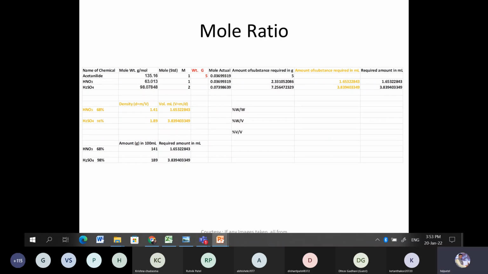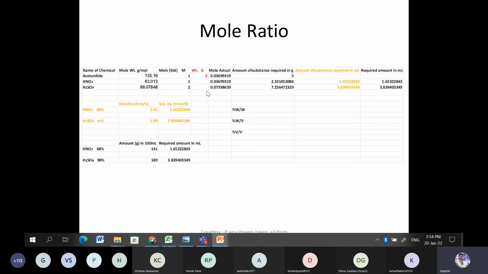Now if we start the reaction with 5 gram, then we have to do 5 divided by 135, so the actual mole is 0.036. Then 0.036 into 1 equals 0.036 for nitric acid, and 0.036 into 2 for sulfuric acid, so we have 0.073 mole for sulfuric acid.